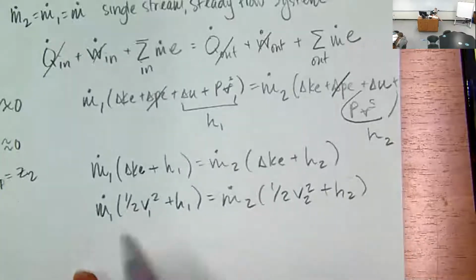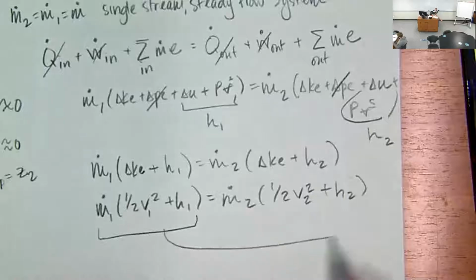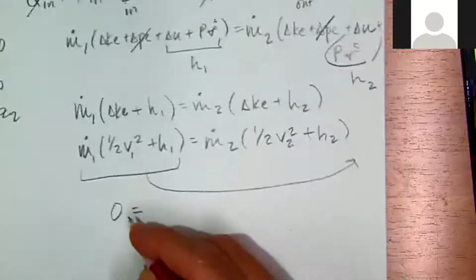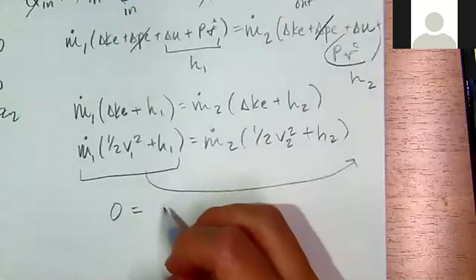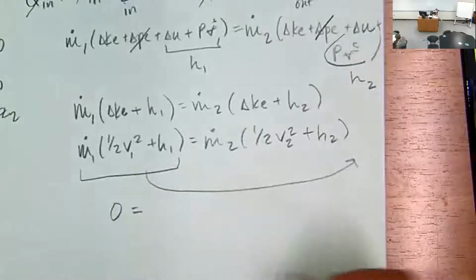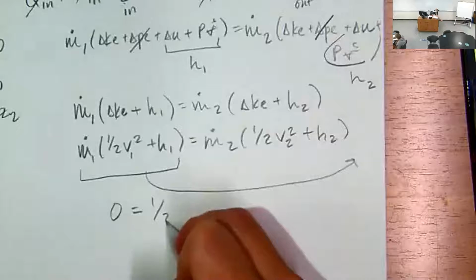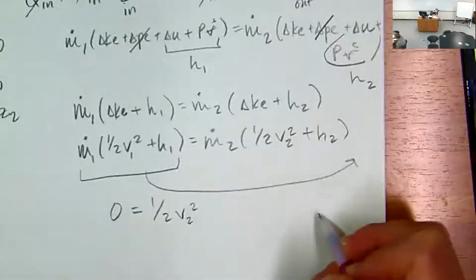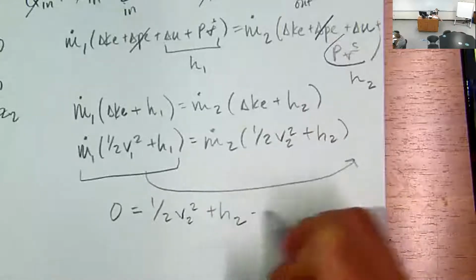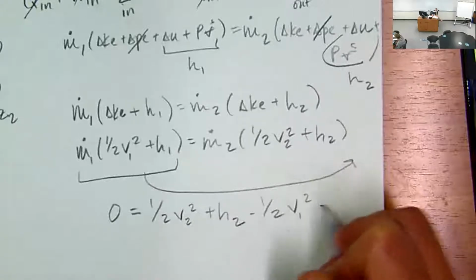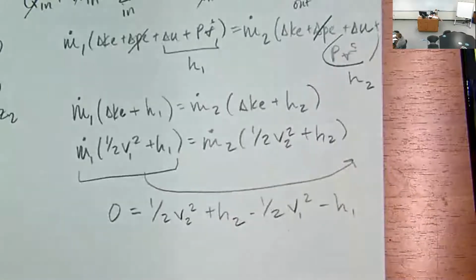So if we move this to this side, we therefore have 0 is equal to 1/2 velocity at point 2 squared plus h2 minus 1/2 velocity at point 1 squared minus h1.